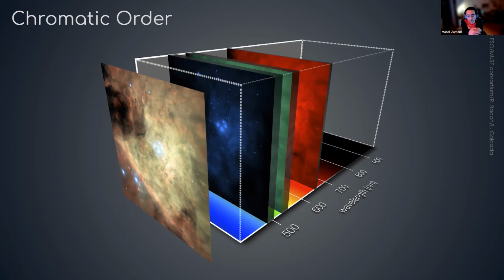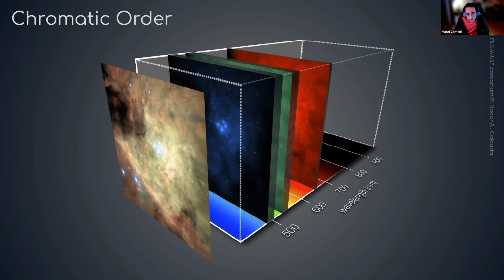This is called chromatic order, and it's the primary method of color assignment in our line of work, and this is how most of the optical images are colorized. Most of the optical images that are produced by professional observatories for public outreach.